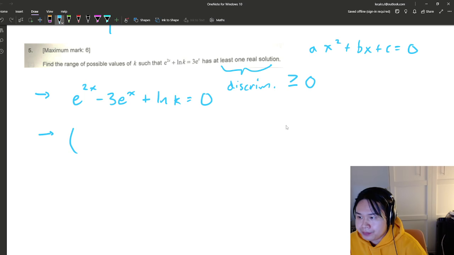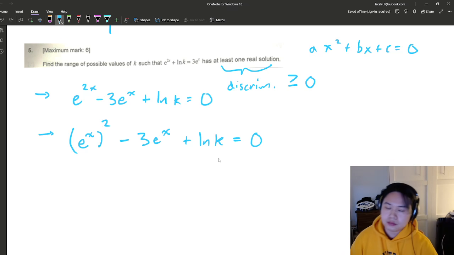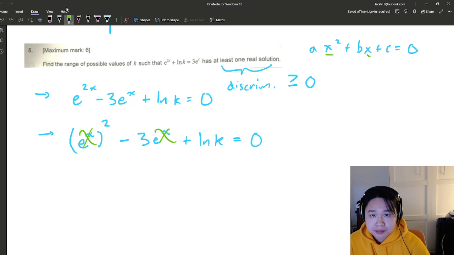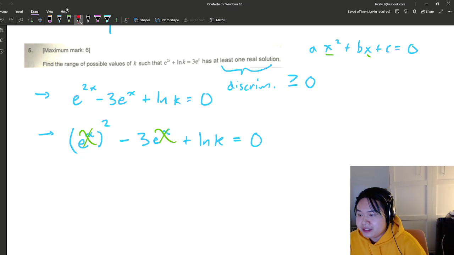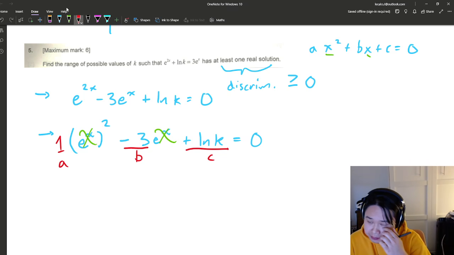Hopefully you guys can see that, because e to the 2x is the same as e to the x squared. So you can consider e to the x as like these x's here. So you can identify what your a, b, and c are. So here's your a, here's your b, and then ln k, natural log k, is your c.